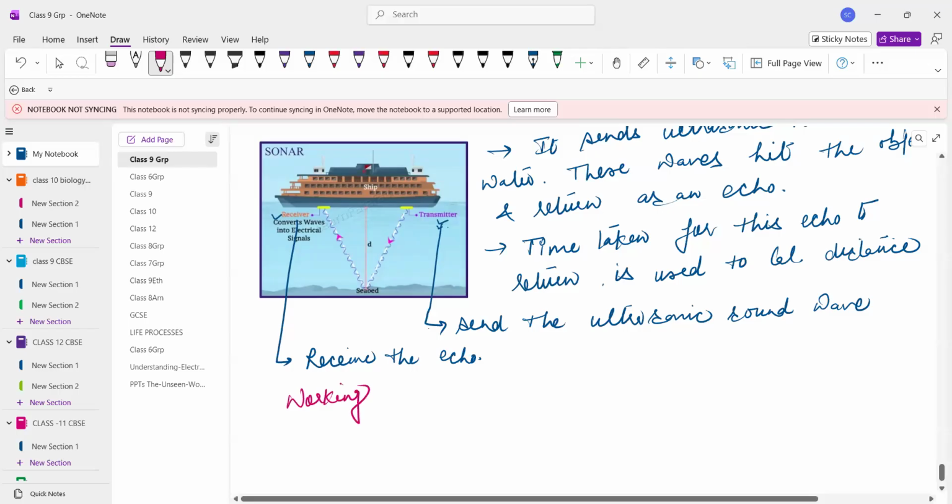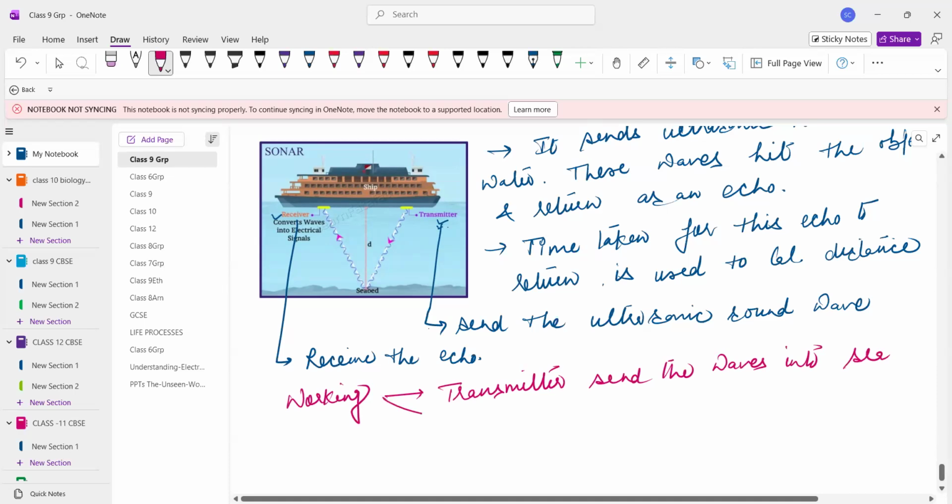So what is the working of sonar? Basically, this transmitter will send the waves into the sea or the ocean.